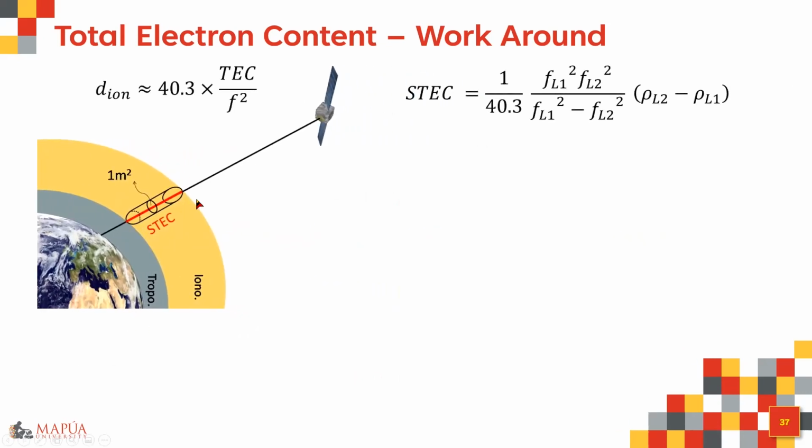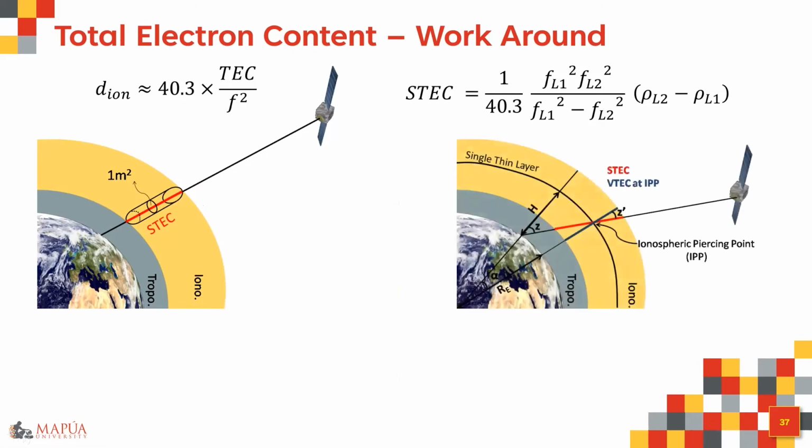But what's more important to us is what we call the vertical total electron content. The vertical total electron content, or VTEC, is estimated using a thin layer model to be just a component of the slant total electron content along the vertical. We just use a mapping function, a simple cosine function at this point.